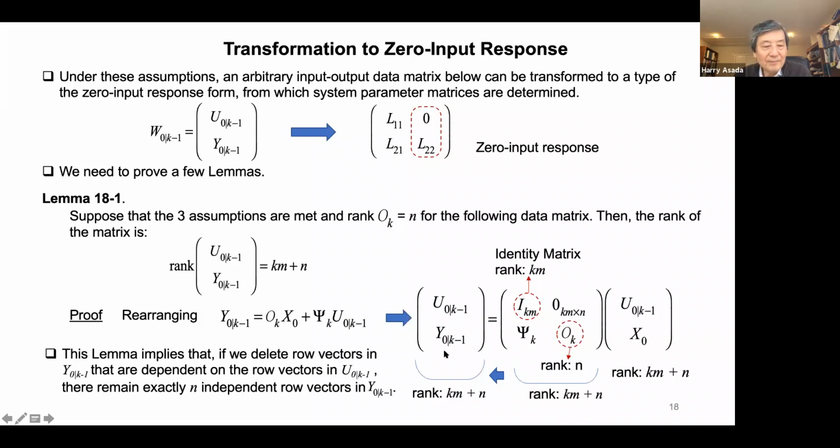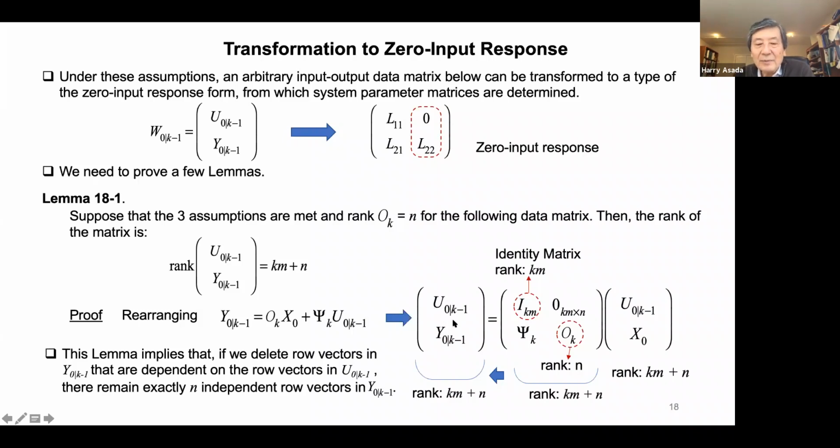The lemma implies that if we delete the row vectors in here that are dependent on the row vectors of U, then U has many linearly independent vectors.